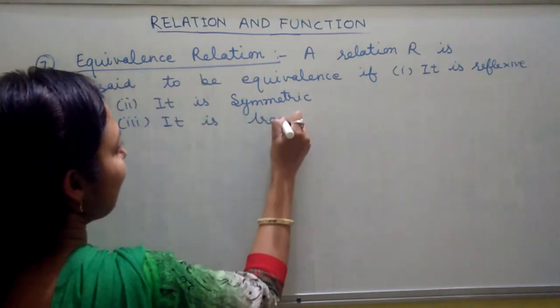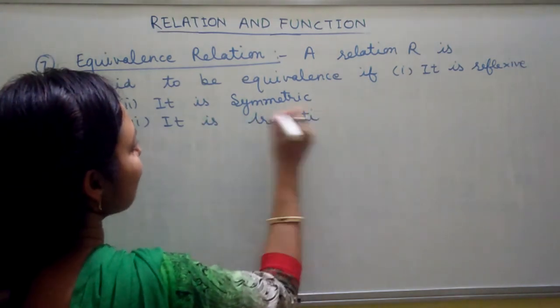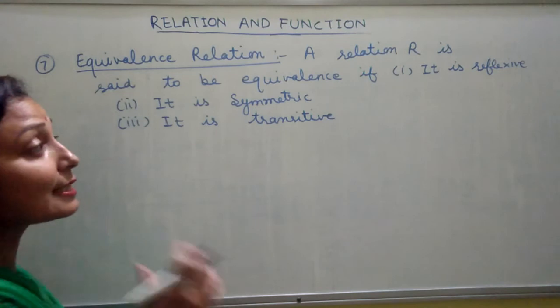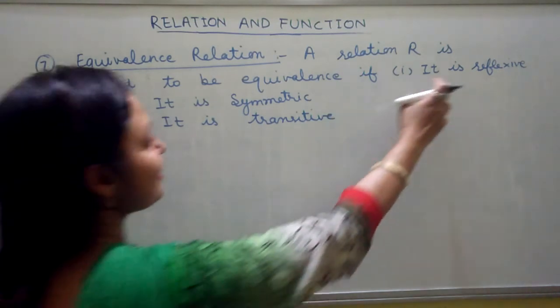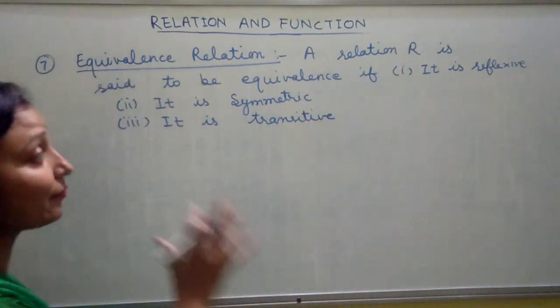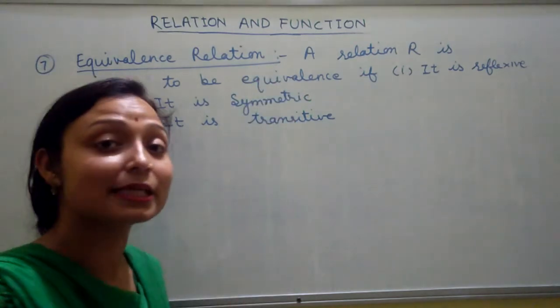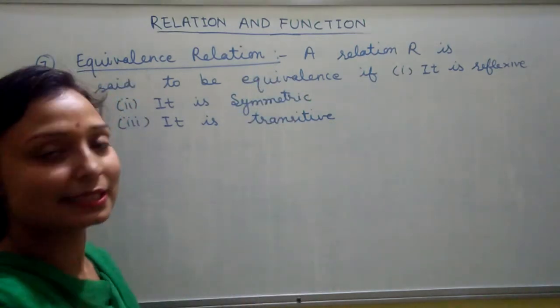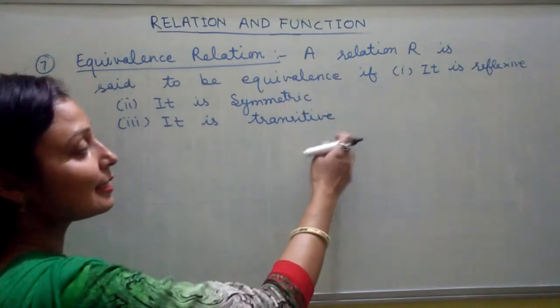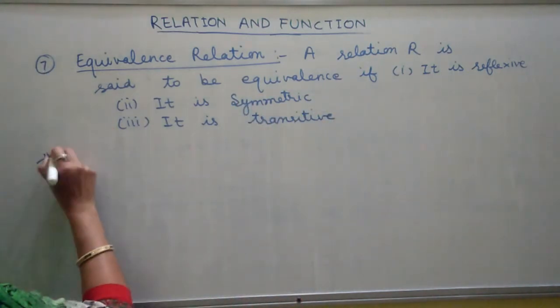If it satisfies these three properties, reflexive, symmetric and transitive, then it is said to be an equivalence relation. A relation is said to be equivalence only when it satisfies these three properties.